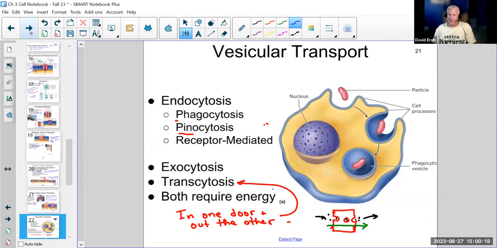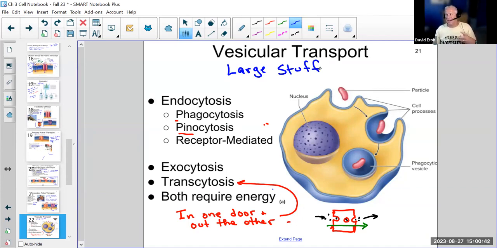Okay. Everything that you were just looking at up to now was good for small stuff. You can make molecules, atoms, flow through channels. You cannot make entire bacteria flow through a channel.